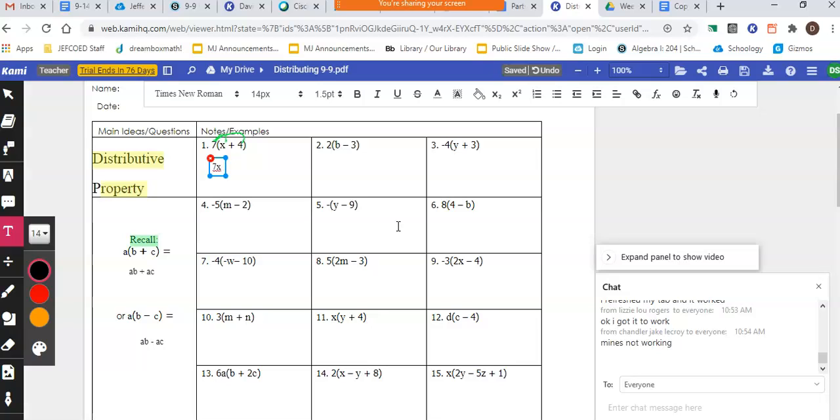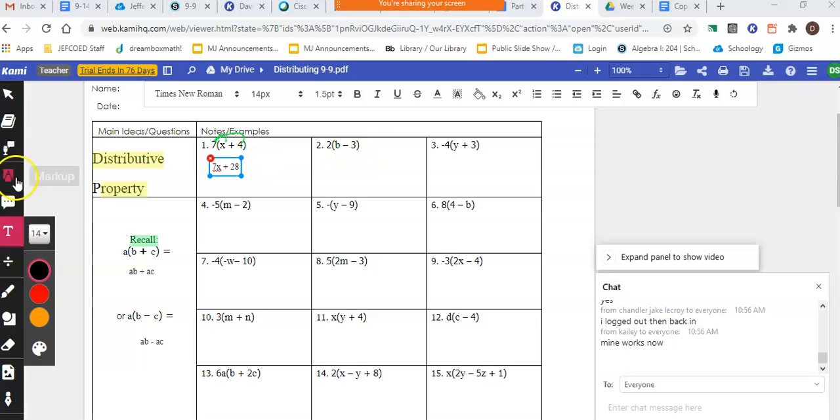And then 7 times that positive 4 should leave me with a positive 28. So all we did there, guys, was use the distributive property with that expression. Okay?